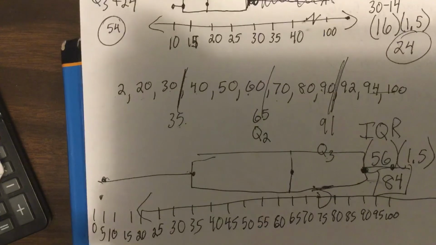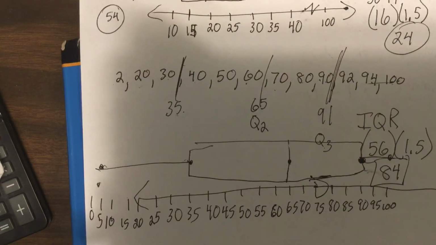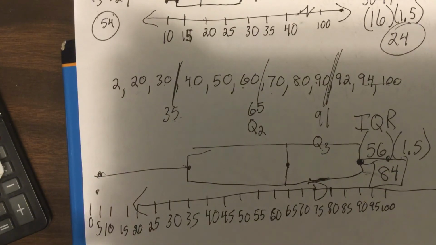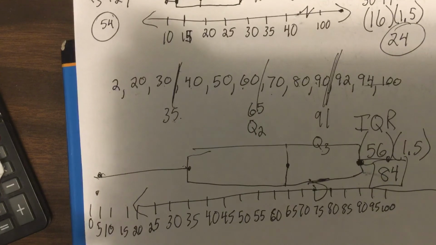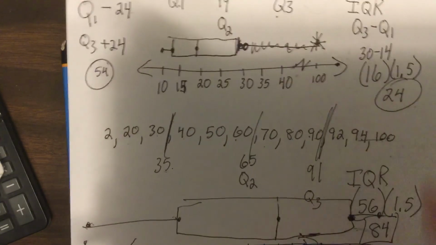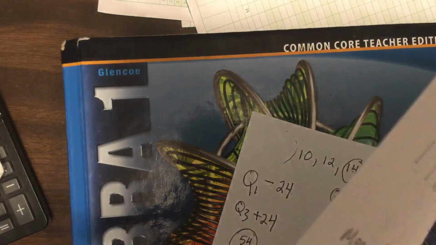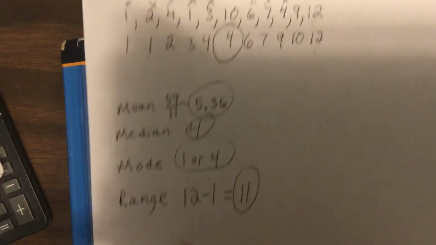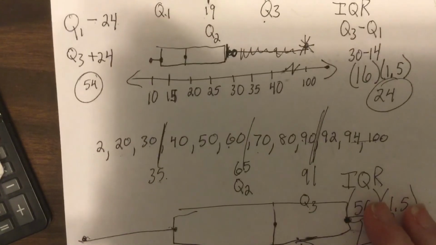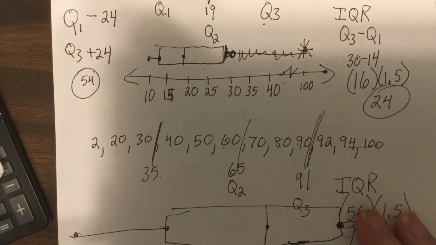Now, unless it's extra credit, this will not be on next week's test. I might ask you an extra credit question on it, like how do I figure out what the outlier would be. But you do need to know mean, median, mode, and range. You need to know this, but this might be an extra credit question.